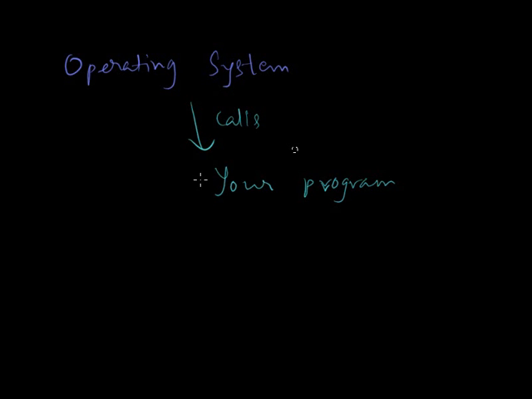And when your program gets executed, an operating system expects something from your program. So your program returns something. So the concept is that it's a call, give and take relation. An operating system calls your program and your program runs, does its operations and returns something to the operating system.